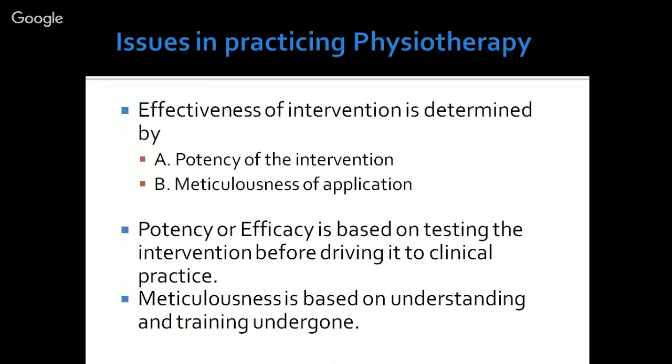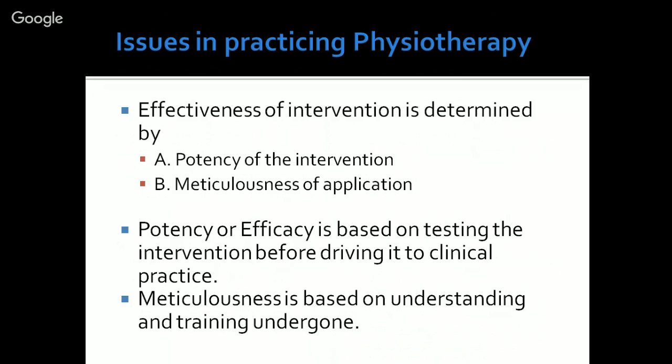Whenever we learn about a new intervention, we are enthusiastic in applying it, but the effectiveness that has been claimed for that intervention is not necessarily what we will get. It depends on two factors. One is potency of the intervention, and number two, meticulousness of application. What is the potency of an intervention? Does it, when applied to a patient, really produce a benefit sufficient enough for the patient to improve?